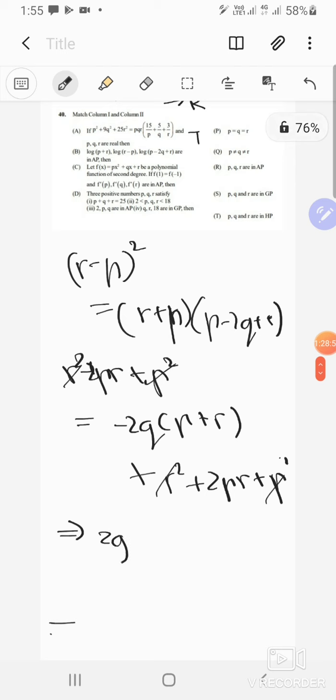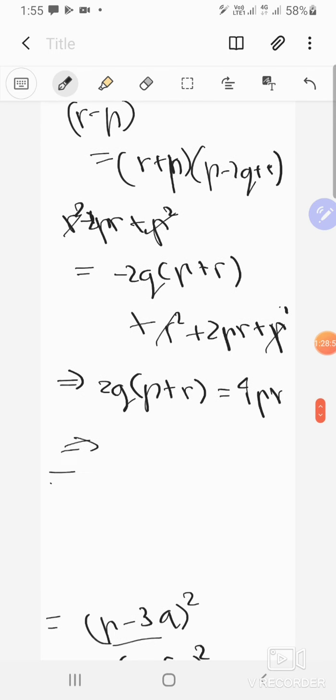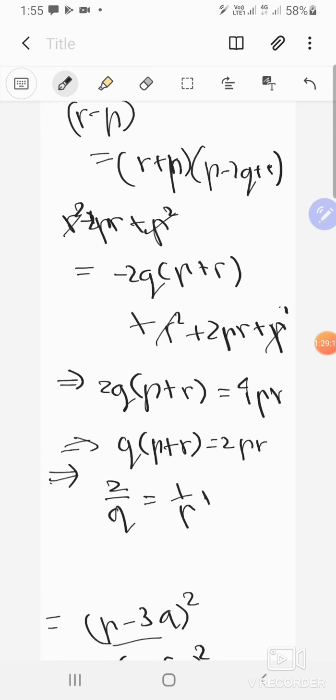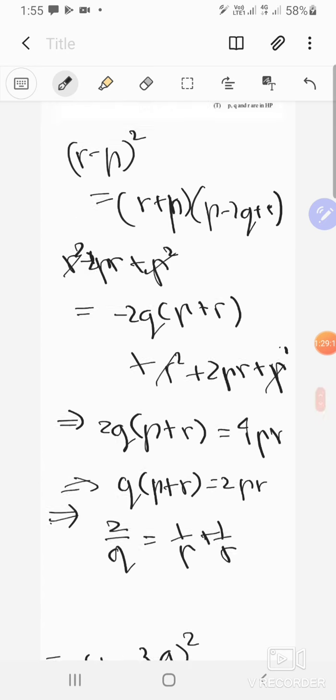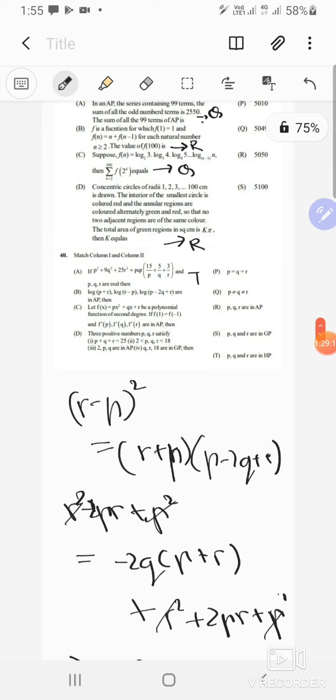That gives me 2q into (p plus r) has to be equal to 4 times pr, which means that q into (p plus r) has to be equal to 2pr. That means 2 upon q has to be equal to 1 by p plus 1 by r, which means that pqr are in harmonic progression. So for this as well, pqr in a harmonic progression.